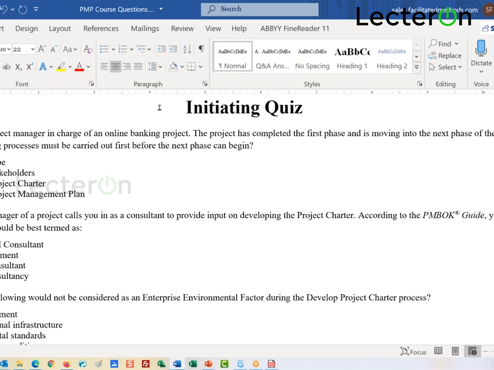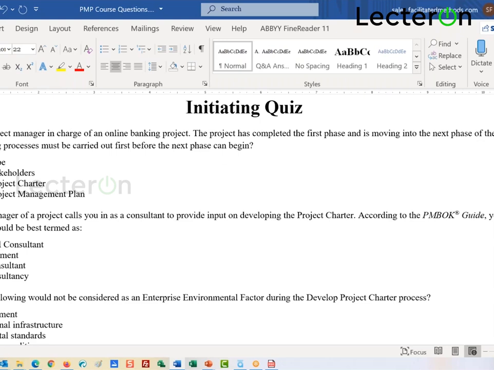Now, the project has completed the first phase and is moving into the next phase. So remember, this is where you're going to use that picture. Here's a phase, and there's that little diamond where we had some sort of review before we went to the next phase.